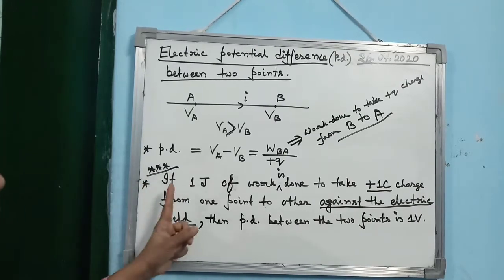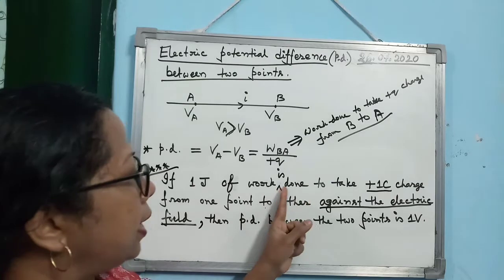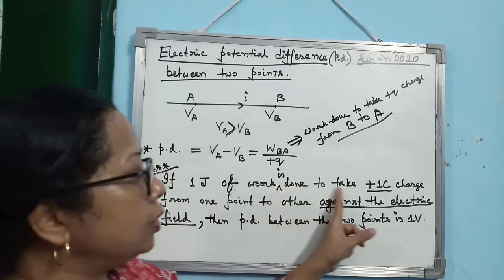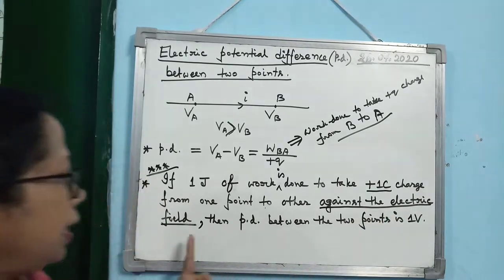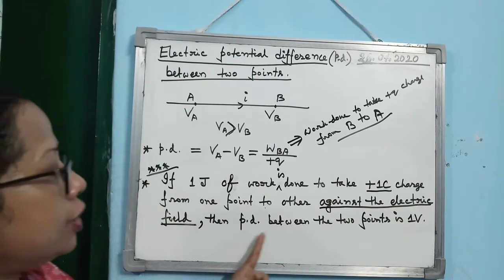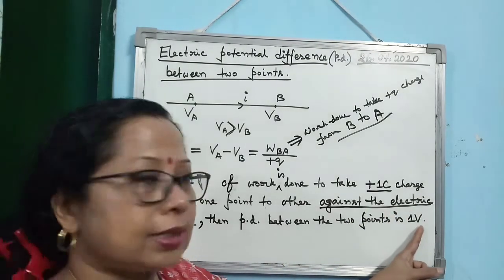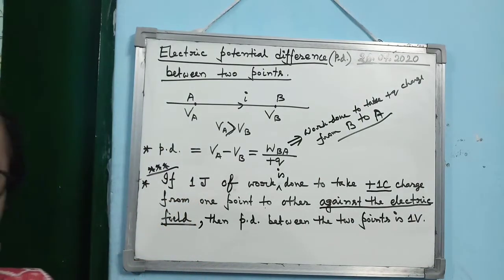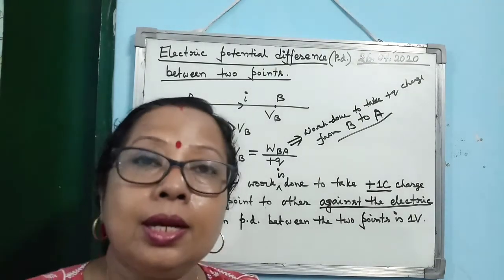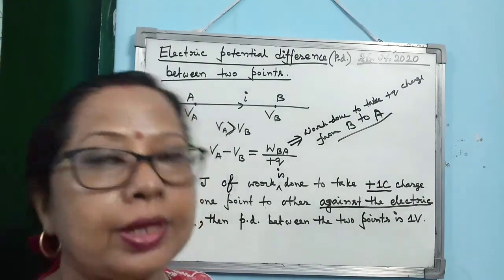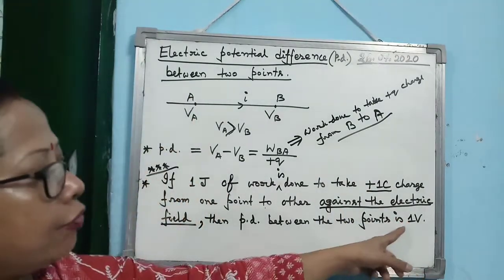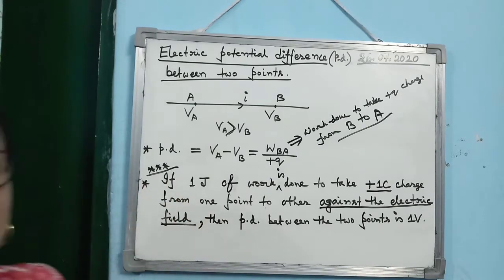For example, if 1 joule of work is done to take plus 1 coulomb charge from one point to the other against the electric field, then the potential difference between the 2 points is 1 volt. So you should learn the definition of 1 volt in terms of electric potential difference also.